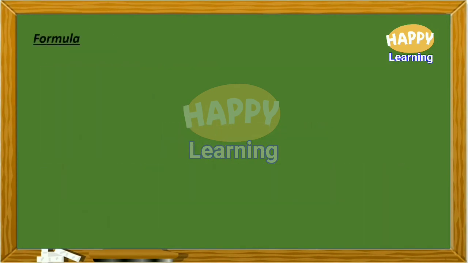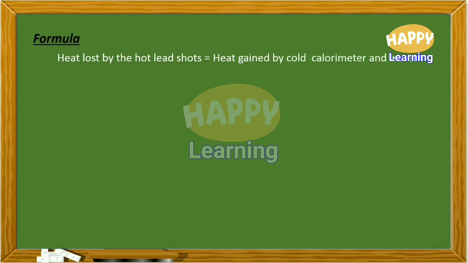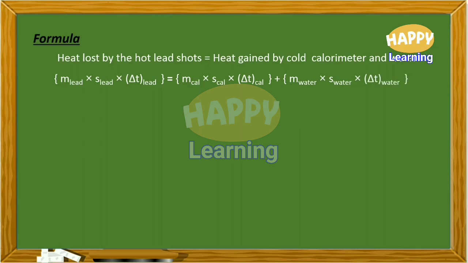Formula: heat lost by the hot lead shots is equal to heat gained by cold calorimeter and water. On the left hand side, heat lost by the hot lead shots is given by the formula M S delta T. Here M means mass of the lead, S means specific heat of the lead, and delta T means change in the temperature of lead shots.